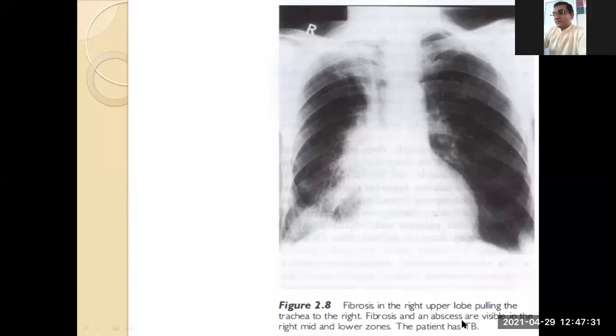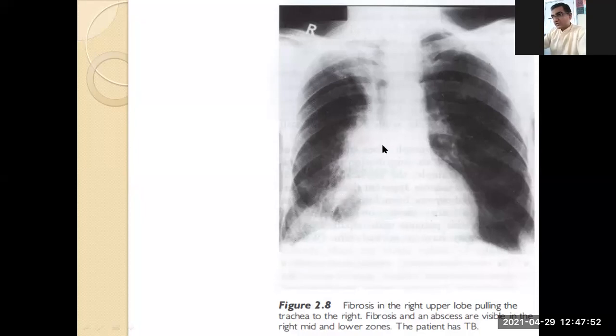Fibrosis and abscess are visible in the right mid and lower zones. You see nearer to the hilum, nearer to the middle lobe, medial and lateral. This area is also affected with fibrosis or pneumonia. And you see the lower zones.